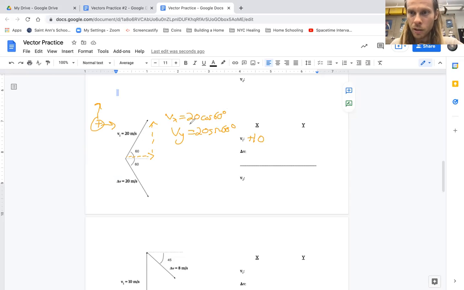And the sine of 60 is root 3 over 2, which is 0.866. So you should get something like, hold on, I'm going to do my calculator. I should have had the numbers prepared, but I didn't. So 20 times the sine of 60 gives me 17.32.